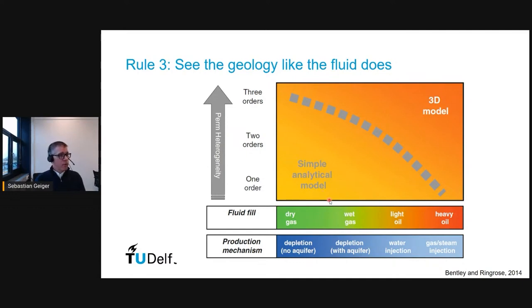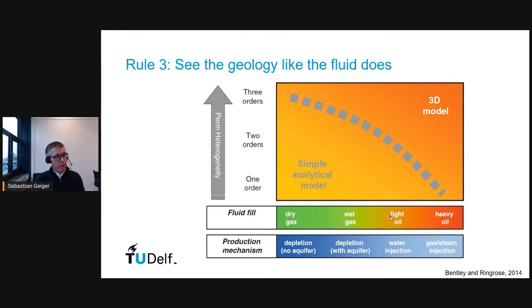Depending on what's in your reservoir, dry gas versus heavy oil: if you have dry gas and you're trying to produce it by natural depletion, you need a lot of geological heterogeneity before the fluid really starts to respond to the heterogeneity present in the subsurface. So for some types of reservoirs, we can probably get away with simple analytical models.